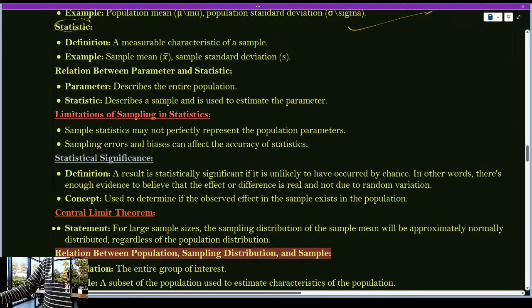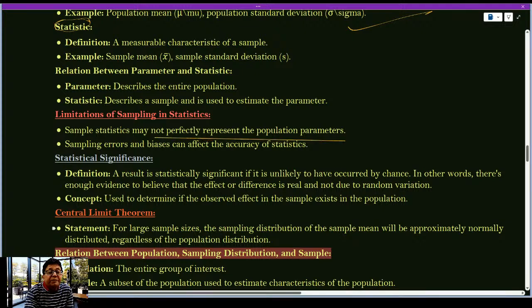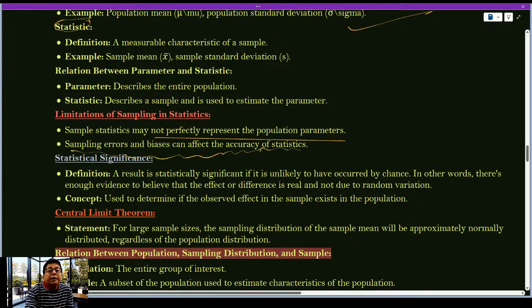The limitation is that sample statistic may not perfectly represent the population parameter. And number two, sampling error and bias can affect the accuracy of statistics.